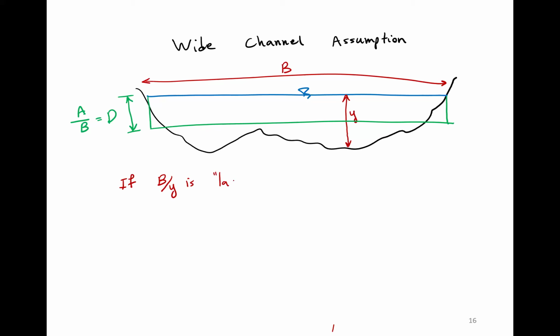I'm going to put it in quotation marks because what does it mean, large? We'll come back and talk about it later. But if the channel is wide, the effects of the side walls are going to be negligible. So we can assume that our channel, on average, looks like that rectangular green box that we have.